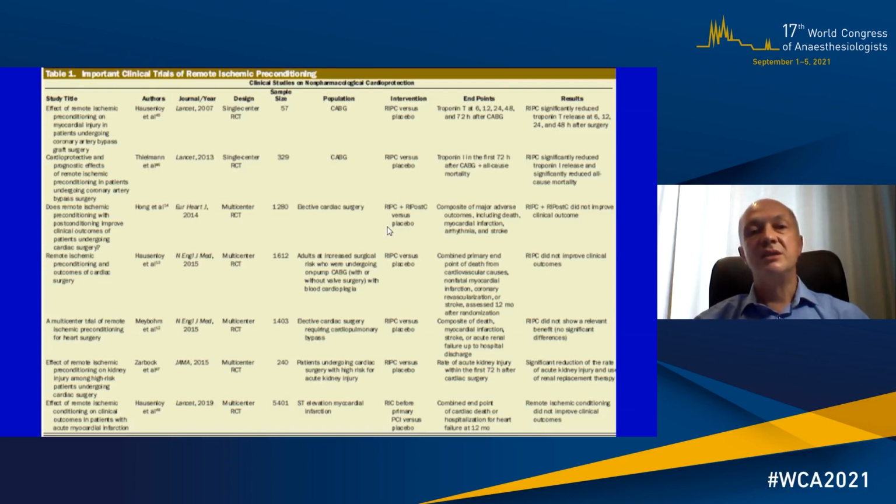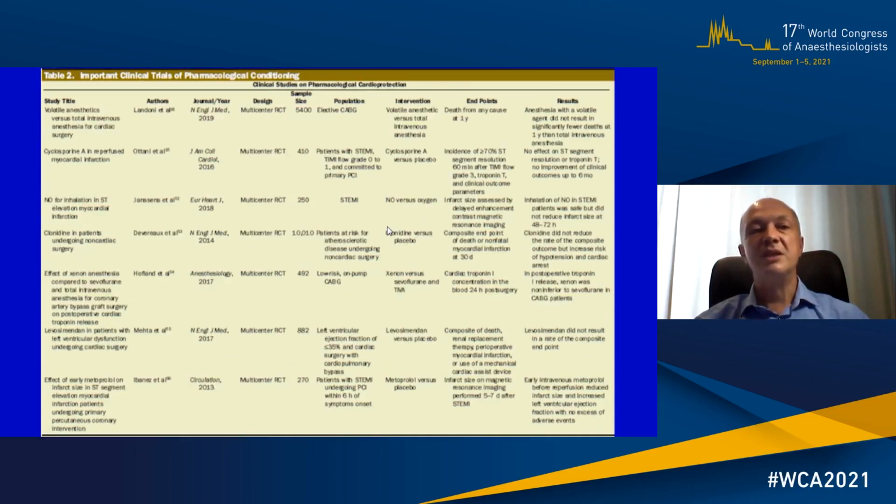Here you see that the ischemic preconditioning also is unequivocal. It can reduce the release of troponins, but has no clear clinical evidence to improve outcome, as well as many other agents, from volatile anesthetics to cyclosporine, nitric oxide, clonidine, and some of these agents like beta blockers can have some beneficial effects for reduction of myocardial infarction size.